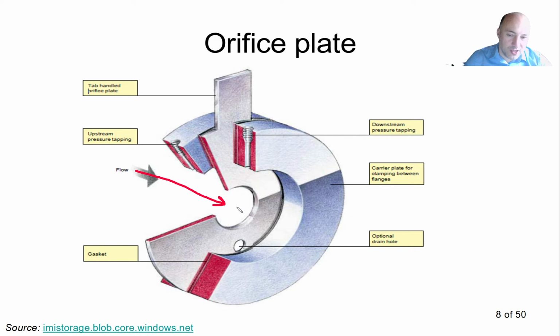We cannot measure with an orifice plate with good accuracy in the other direction. That's again because of the geometry, because from one side of the orifice plate there needs to be a beveled edge, but not from the other side. So the orifice plate measures correctly in one direction only. And as we will see later, there are also some other reasons why it is possible to measure in only one direction.